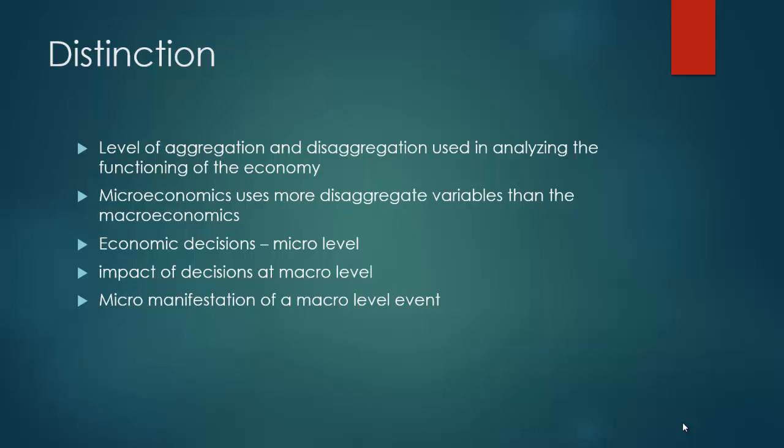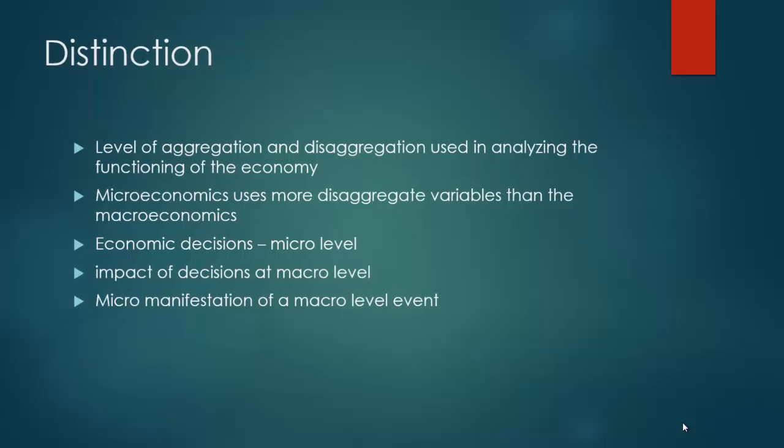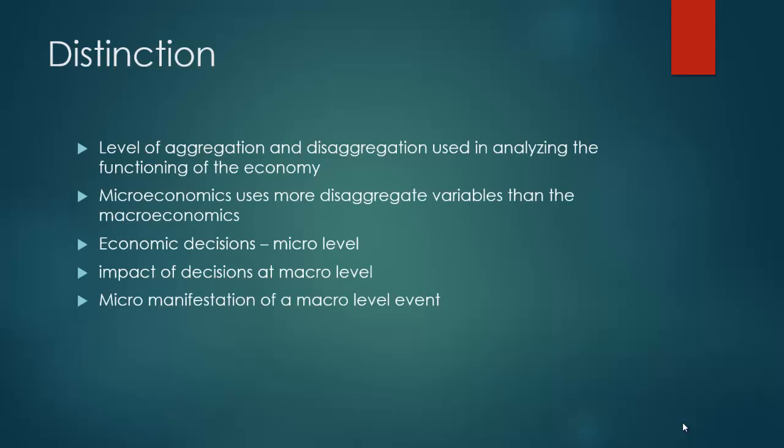Similarly, the functioning of the economy at the macro level will have bearings for decision-making at the micro level. When income tax is raised, disposable income of households falls, firms will experience a decline in sales, and as a result will cut back output. Hence, a macro-level event will generate a micro-manifestation.